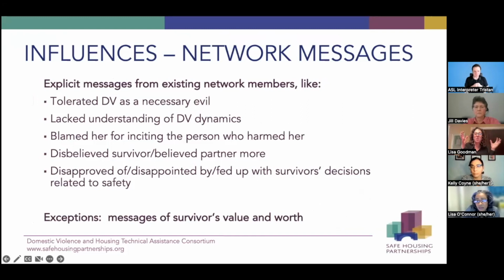So in addition to interpersonal influences, there were explicit network messages that shaped their decision-making.